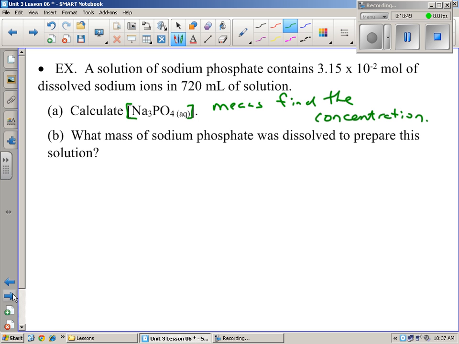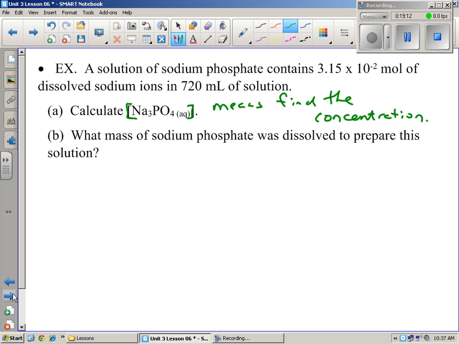Here's what I need you guys to do for me. I want you to do a dissociation equation, step 1. I want you to balance it, step 2. So write out a dissociation equation. You can use your first example as a guideline. Write out the equation, balance it, and if you feel comfortable, I want you to start putting numbers in the right spot. Okay? If you're not, you can wait, that's fine.